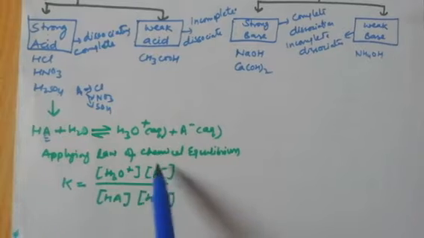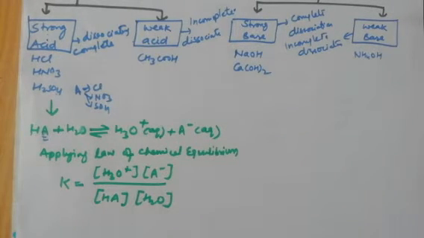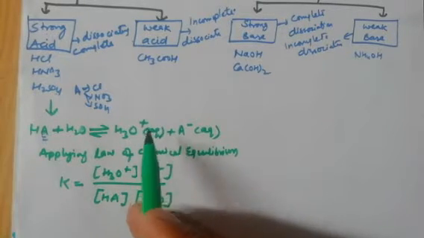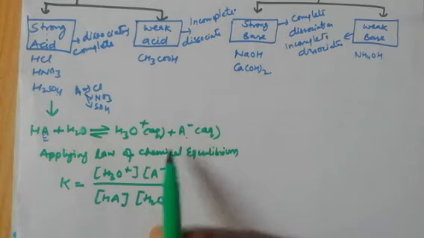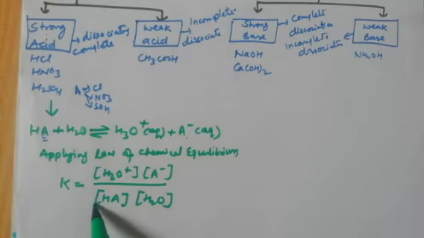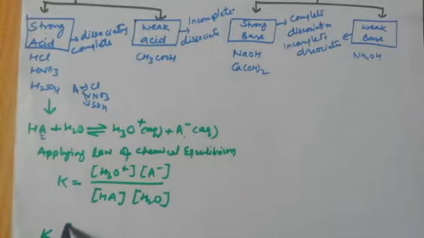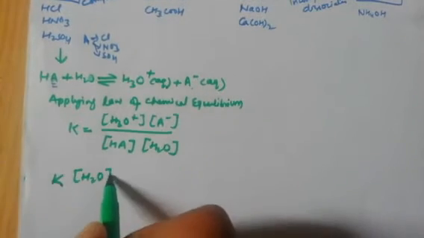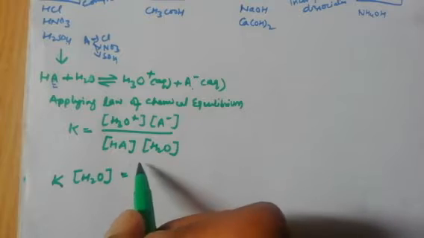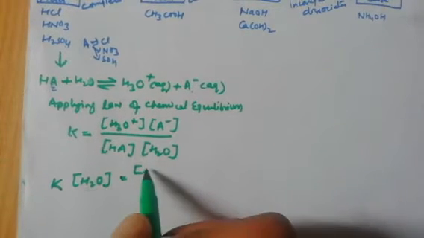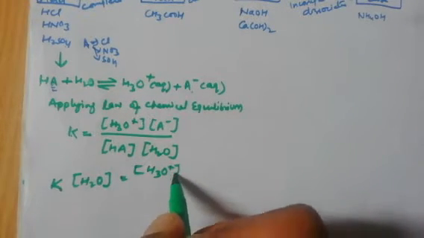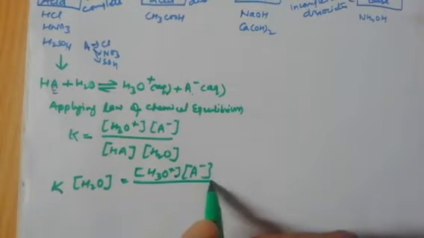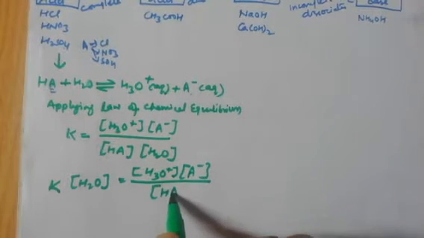When applying the law of chemical equilibrium, the equation that comes is K equals the molar concentration of products, H3O+ and A-, upon the molar concentration of reactants. Then K[H2O] equals [H3O+][A-] upon [HA].